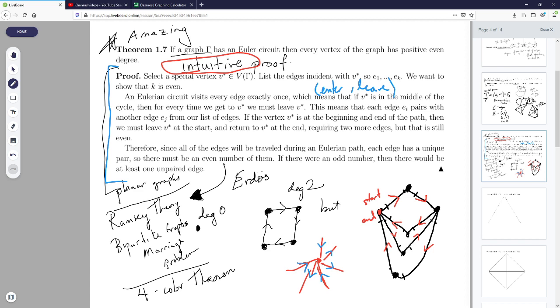It basically says that you count the number of edges, and if there was an odd number of edges, then it would be impossible to have an Euler circuit. Basically, it's the contrapositive that we're really proving. The contrapositive says that if there exists an odd degree vertex, then there is not an Euler circuit.